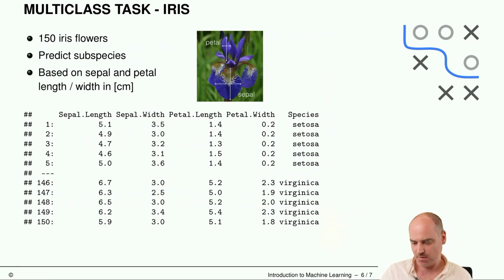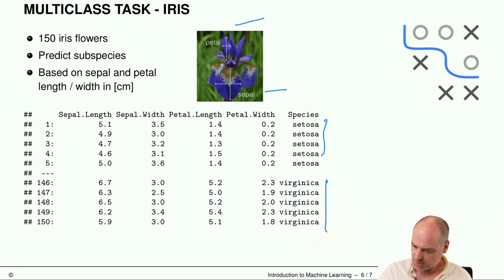The data set contains 50 measurements on each of these three subspecies, with four numerical features. Fisher was thinking about whether it is possible to measure the petal and sepal lengths of these flowers, and then based on these measurements predict the subspecies of the iris flower.